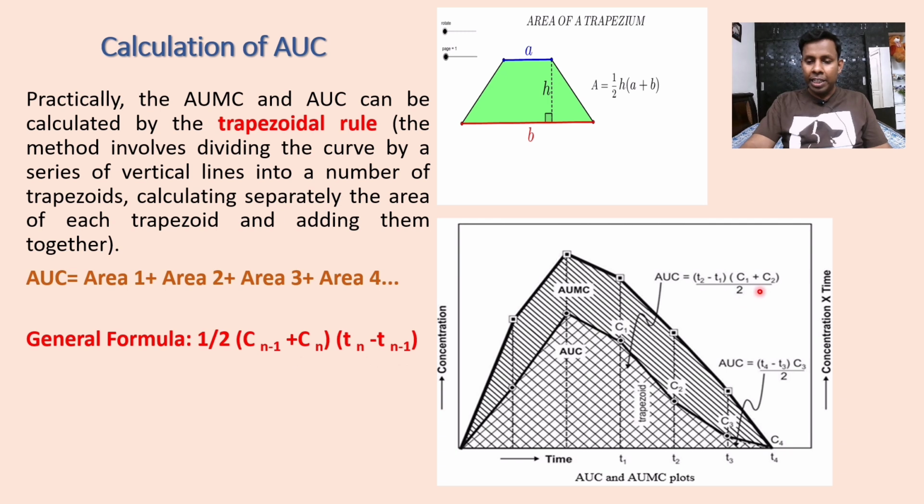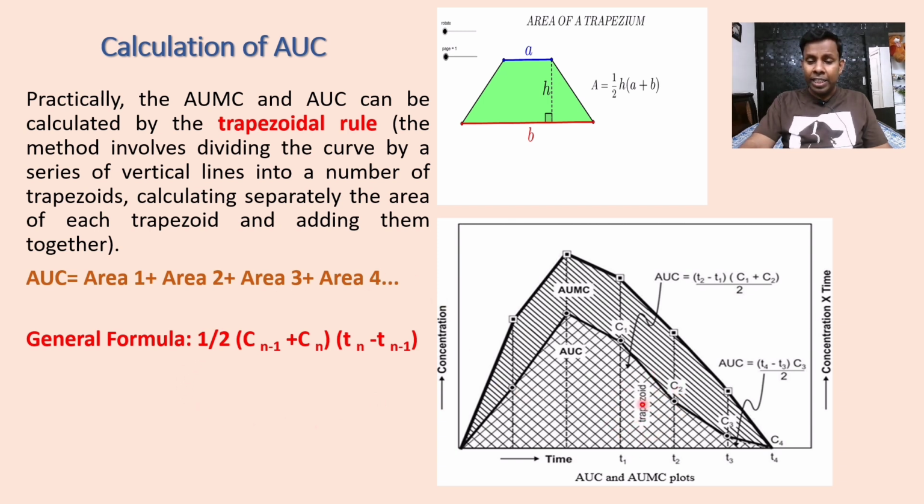Here, C1 plus C2 is the lower C value plus the higher C value; n minus 1 is lower, n is higher. Then T2 minus T1 is the higher T value minus the lower T value; Tn is high, then Tn minus 1. So, this is a generalized formula to find the area of this trapezoid.